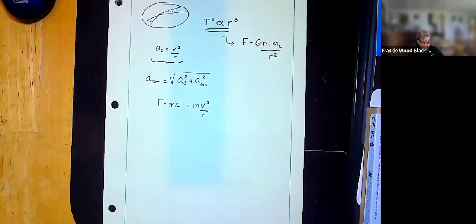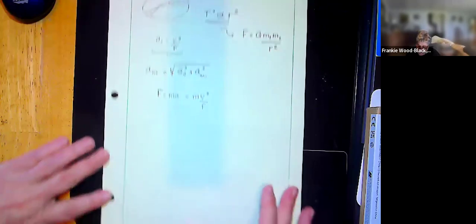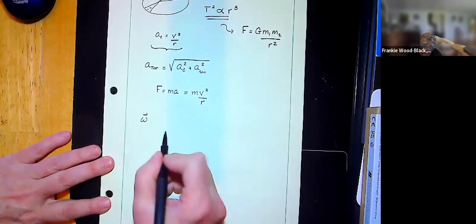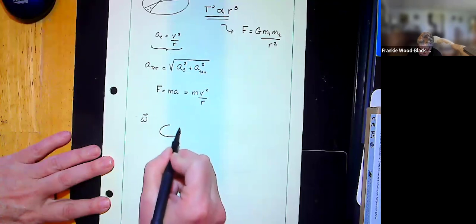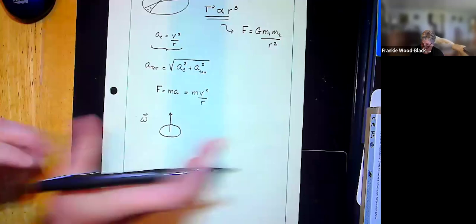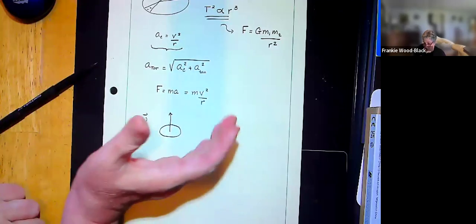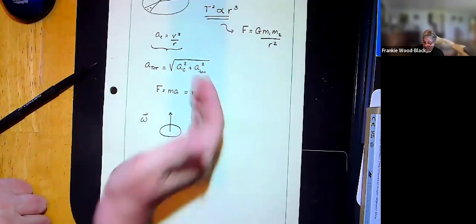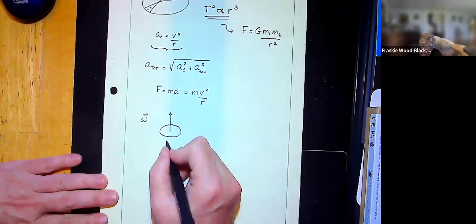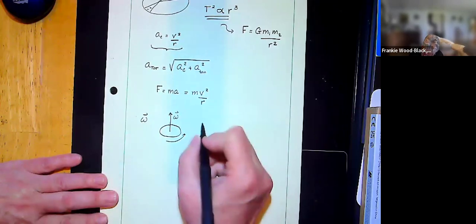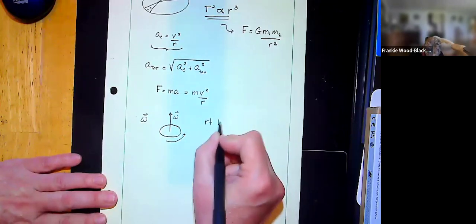Now, one thing that we want to look at is our angular velocity does have a direction. And this comes from our right-hand rule. So if I'm going to use my right hand, my angular velocity is going to come out of my paper. If I'm going around this direction, my angular velocity is going to be coming out of the paper, and it's going to follow the right-hand rule.